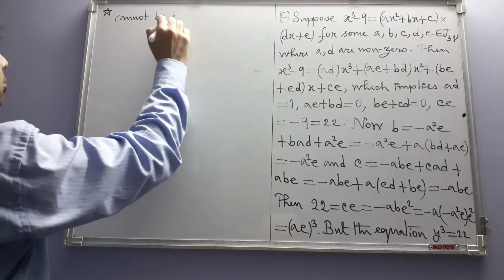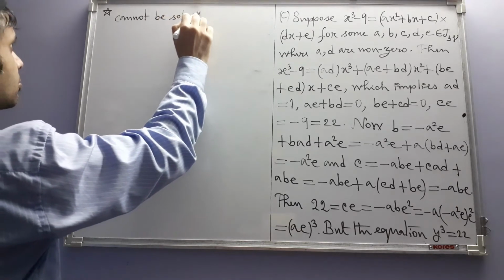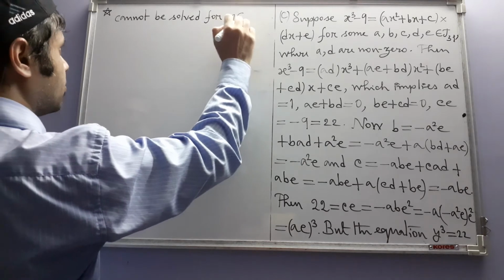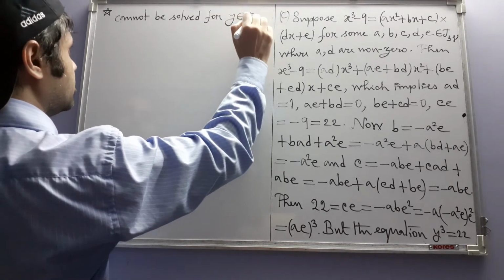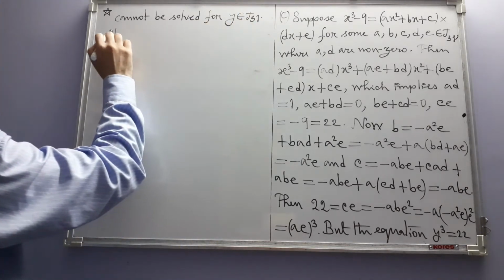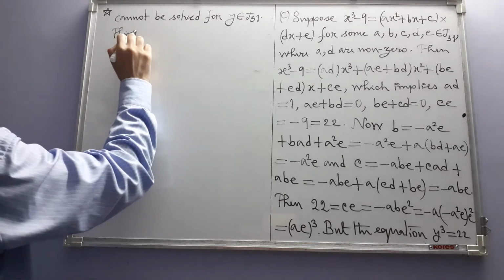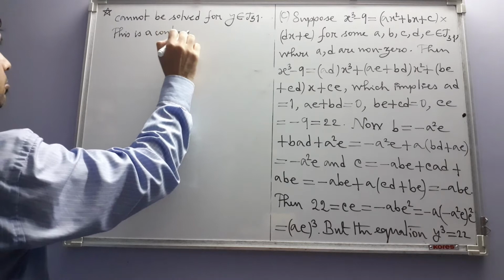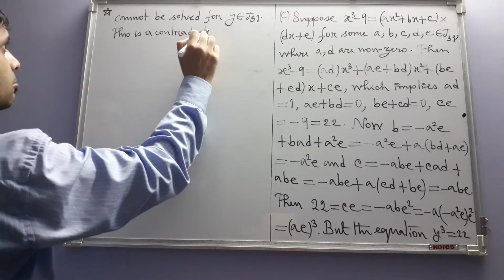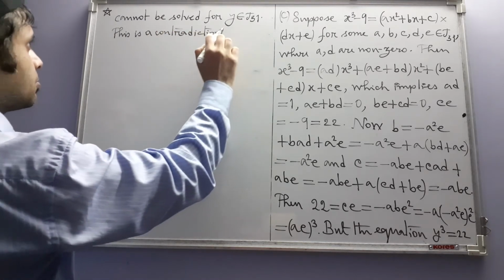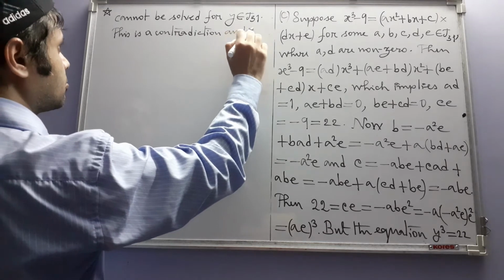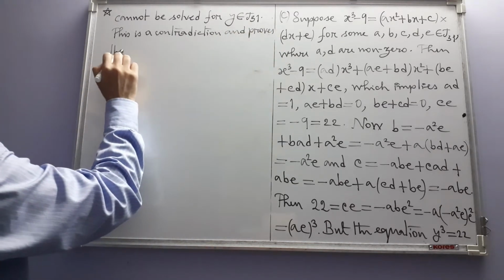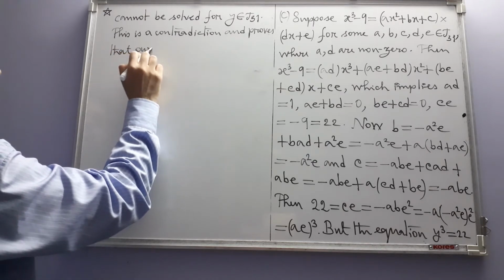It cannot be solved for y belonging to J31. This is a contradiction, and proves that our supposition is wrong.